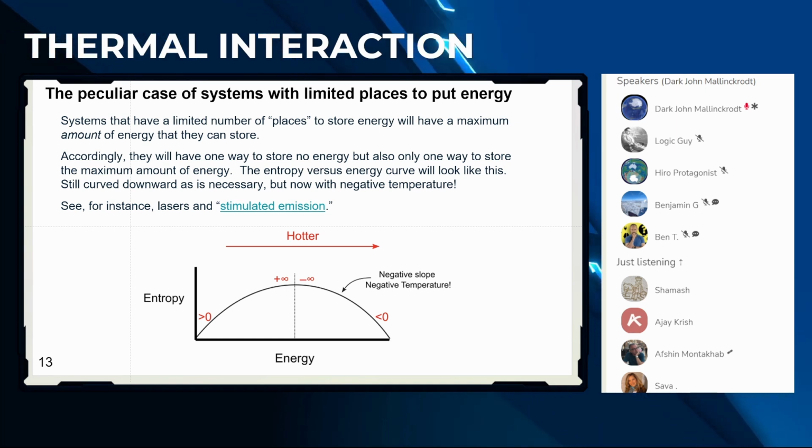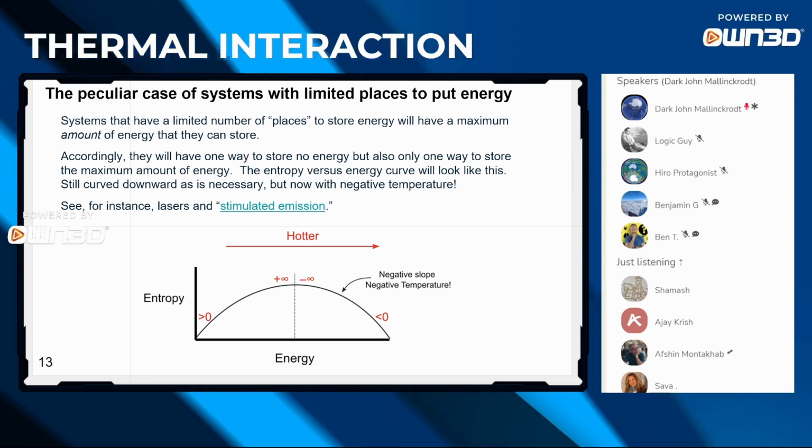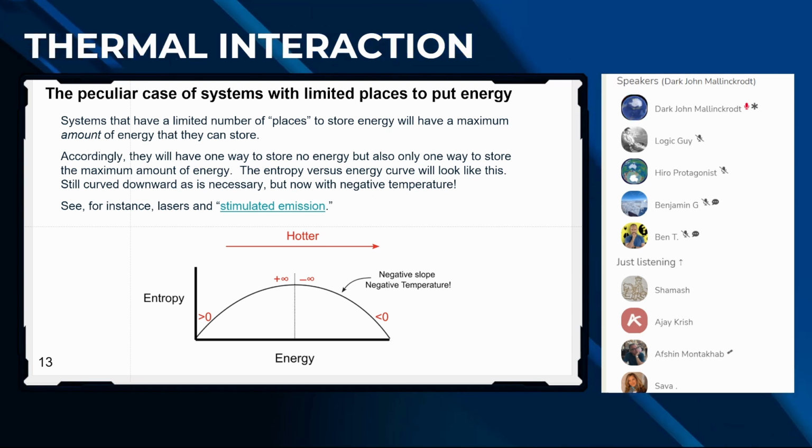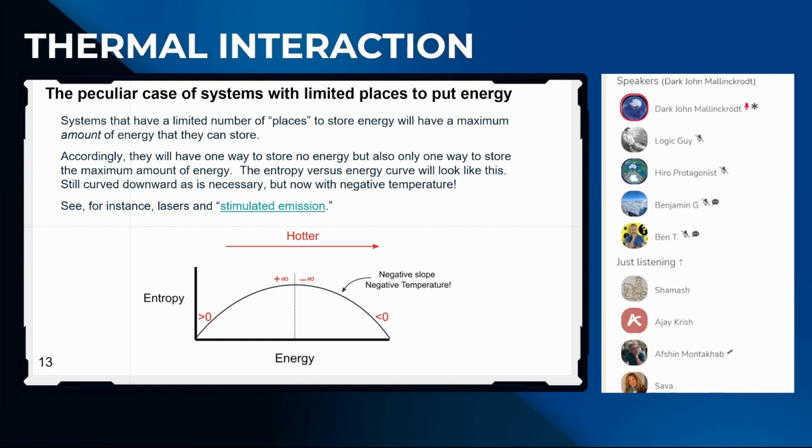But for reasons that weren't understood before quantum mechanics, it turns out that the probability of that happening is exactly the same as the probability of a photon of that same energy coming by an atom that already has an electron in the excited state and causing that electron to jump back down to the ground state.